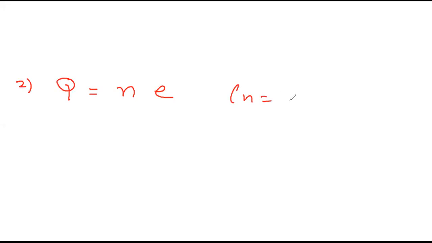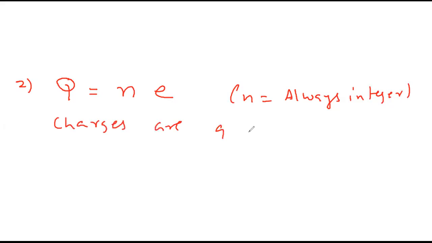Is it integer or decimal? N is integer, always integer. Because 1 electron, 2 electron, 1000 electron, this way electrons are lost. We can't have 10.5 electron. So sometimes it is also called as charges are quantized. Quantized means charge will be always integral multiple of loss of electron.